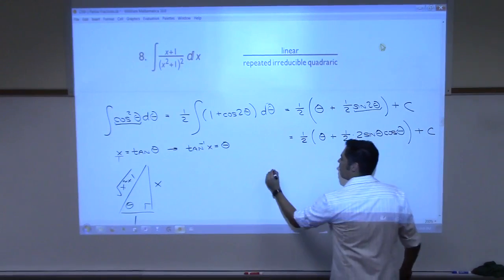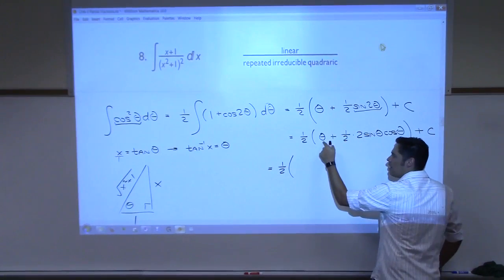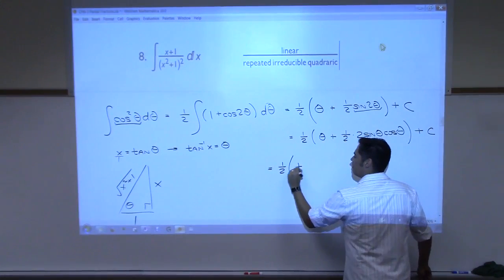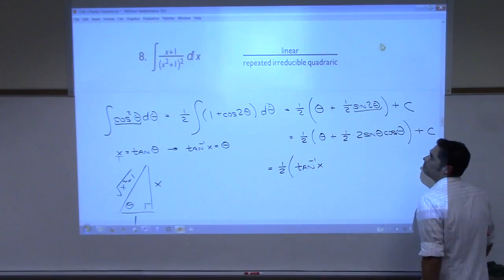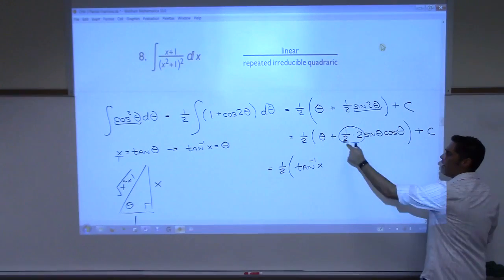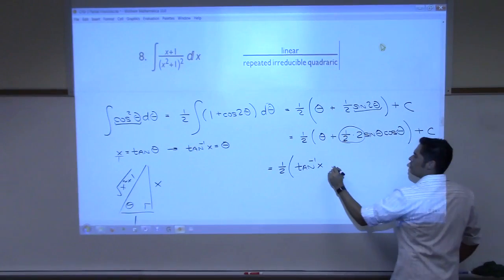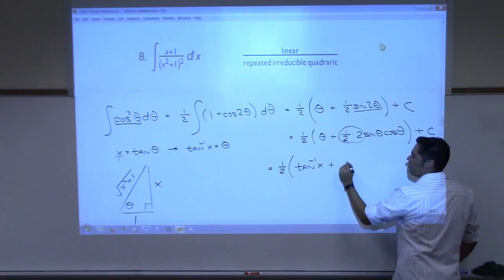Substitute it all in, and we're there. All right, theta, arctan x, right? Those two went away. Half and 2 are gone. Plus sine theta, opposite over hypotenuse.